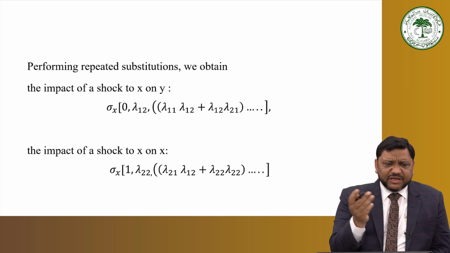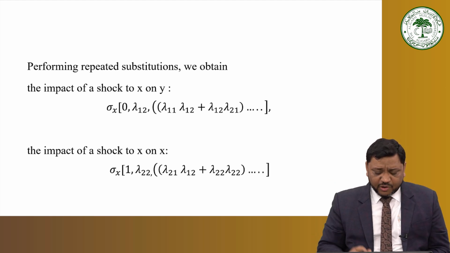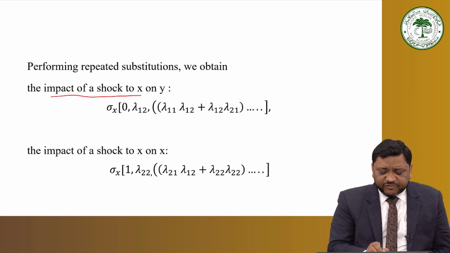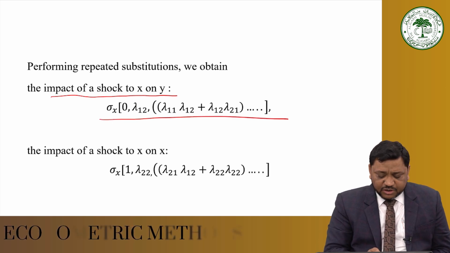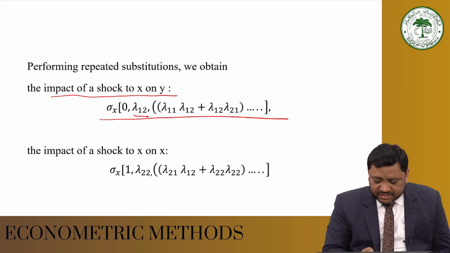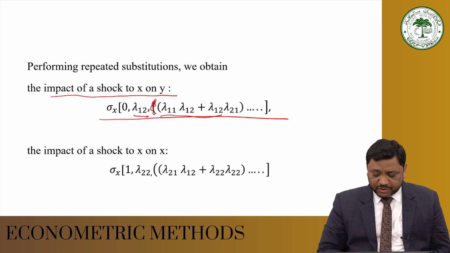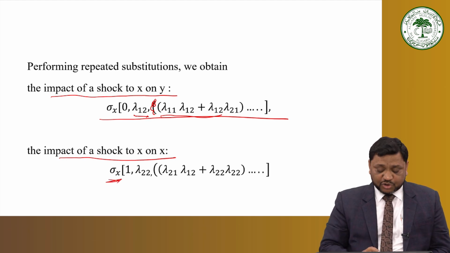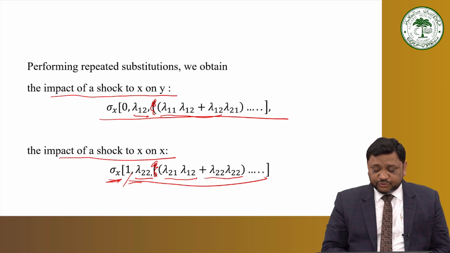So just like the earlier case where we did repeated substitutions and got a general form, we are not repeating the same process, but if we repeat, we will get the impact of a shock to x on y as sigma x common, and then you have 0, the next term is lambda 12, and then it is lambda 11 lambda 12 plus lambda 12 lambda 21. Similarly, for the impact of a shock to x on x, you take sigma x common, and the remainder of the terms are: the first term is 1, the second term is lambda 22, and the third term is lambda 21 lambda 12 plus lambda 22 lambda 22.